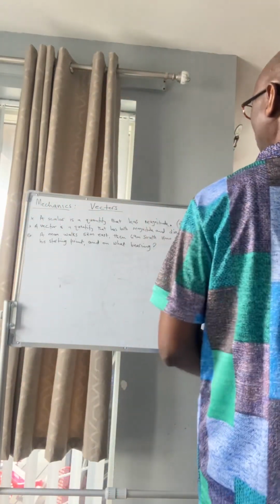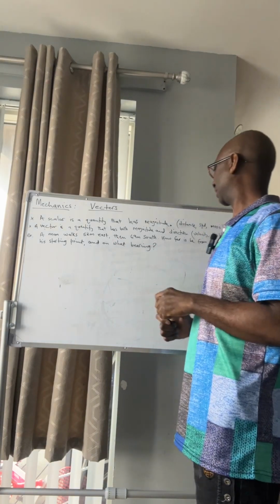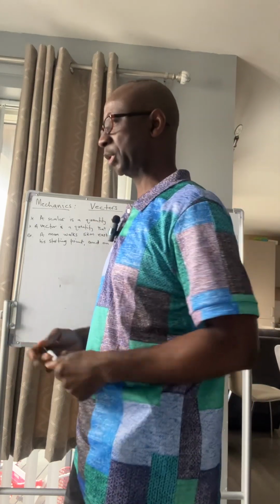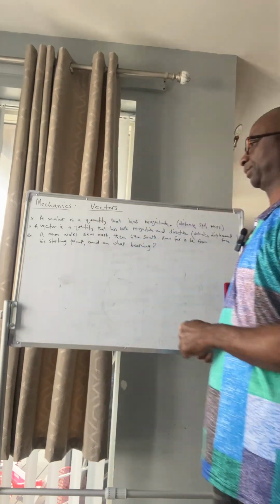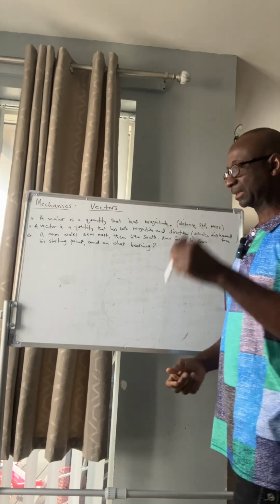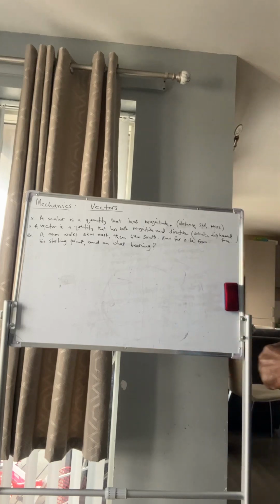That's just it. But when we say vector, it goes beyond that. A vector has both a quantity, that is a size, a magnitude, and direction. It specifies which direction that mass is acting upon.